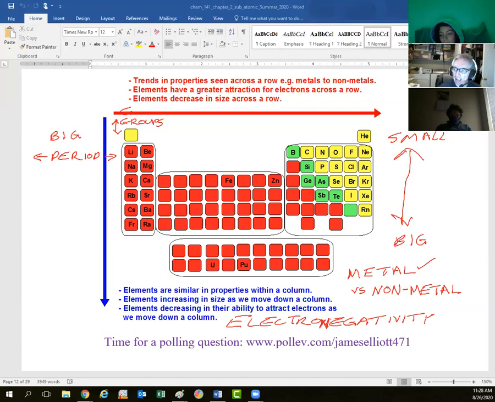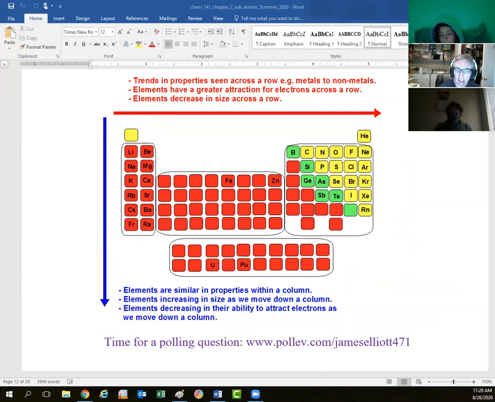The other trend we talk about in this chapter is the ability to attract electrons, that electronegativity. We find as we're looking across the period from left to right and right to left, that electronegativity increases as we move to the right.